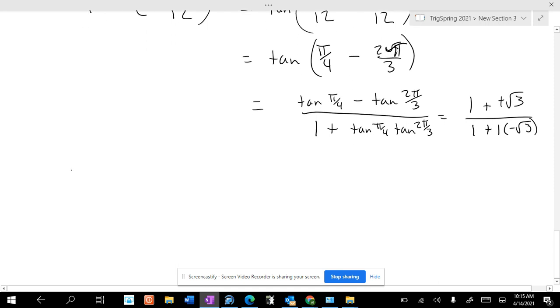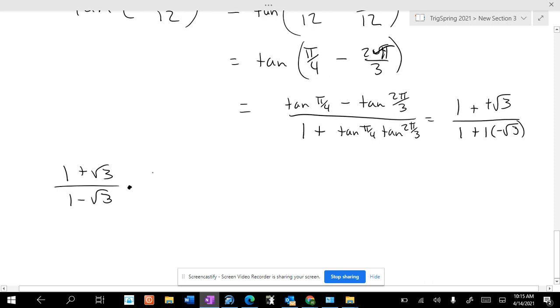Well, at this point, I can't leave the square root of 3 on the bottom, so I have to multiply by the conjugate of the denominator, which is 1 plus the square root of 3. 1 times 1 is 1. Outers is square root of 3. Inners is square root of 3. Last times last is 3.